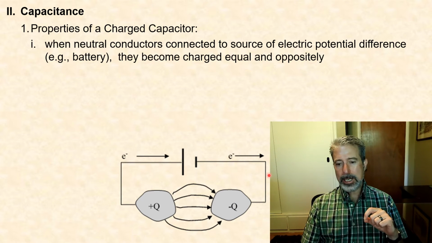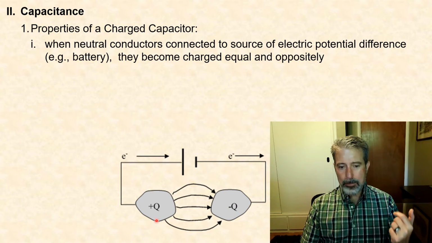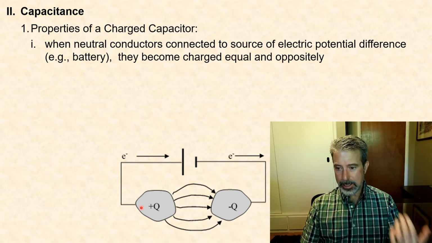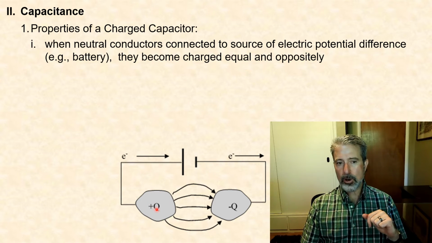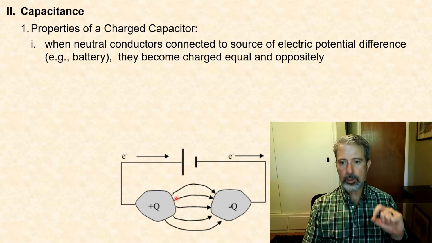However many electrons flow onto this conductor on the right, the same number of electrons will leave the conductor on the left, giving it a net positive charge. So the end result is that each of these conductors becomes charged equally and oppositely.